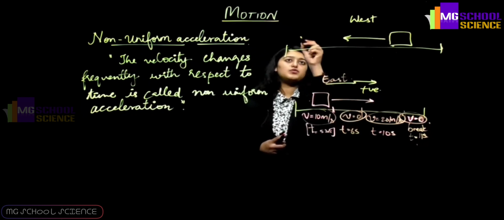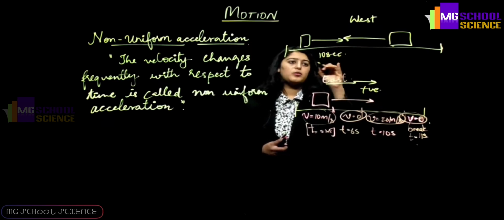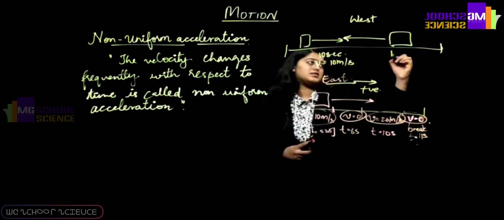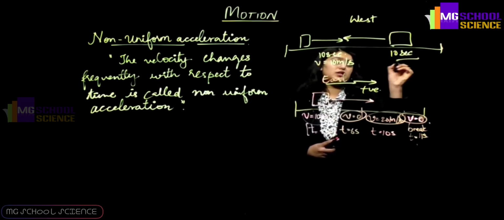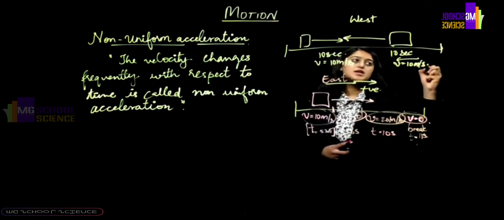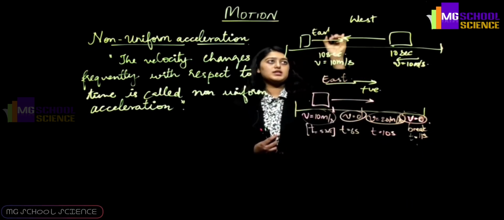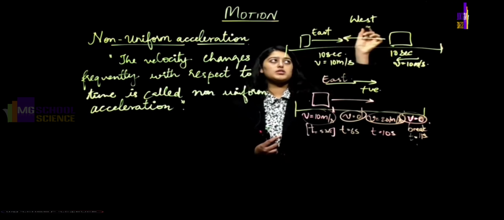At first it travels for 10 seconds with a velocity of 10 meters per second. In the next 10 seconds, the body travels in the opposite direction with the same velocity of 10 meters per second. So now there is a change in direction. It is moving towards the east and again towards the west.